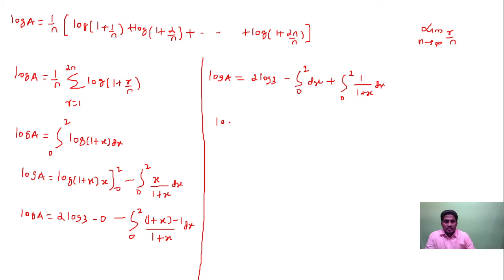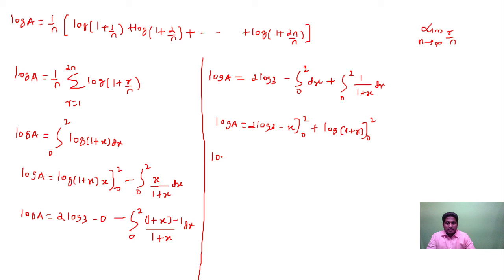So log a is equal to 2 log 3, dx is x, between the limits 0 to 2. Integration of 1 by x is log x, you get log of 1 plus x, between the limits 0 to 2.